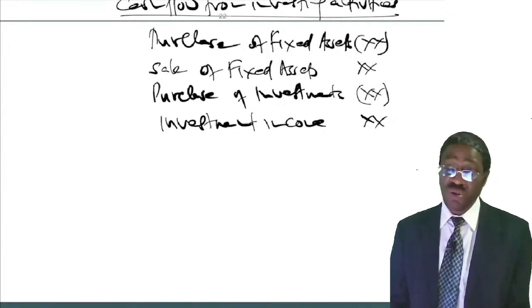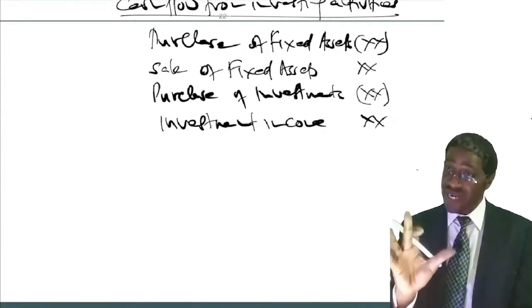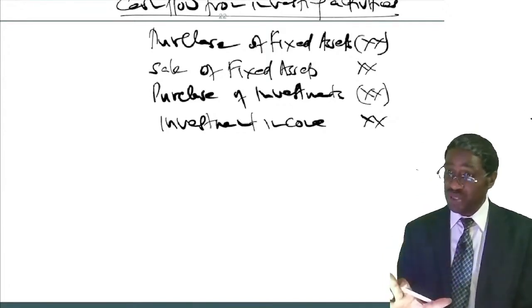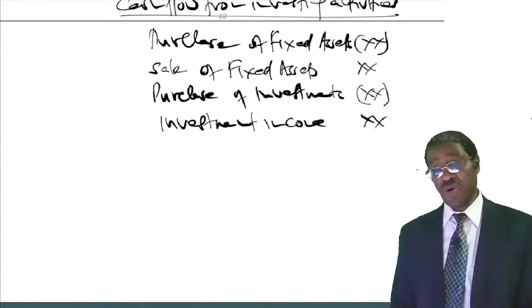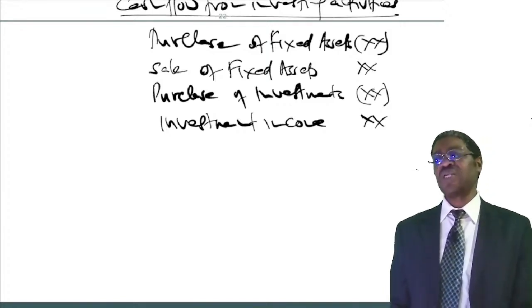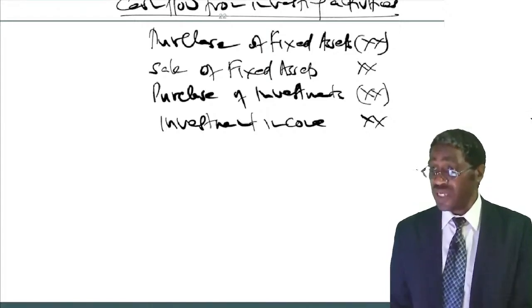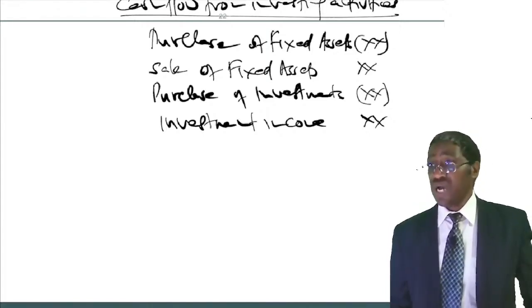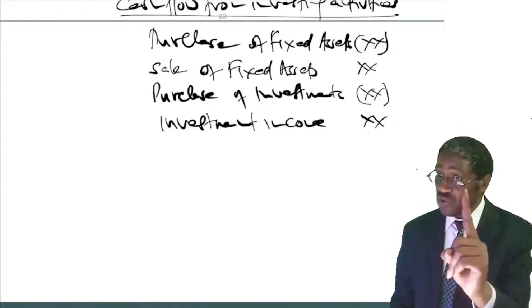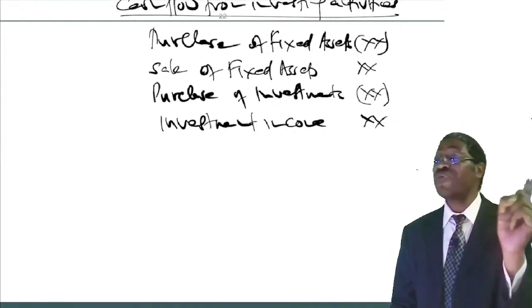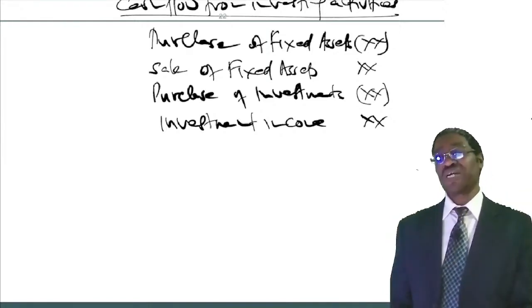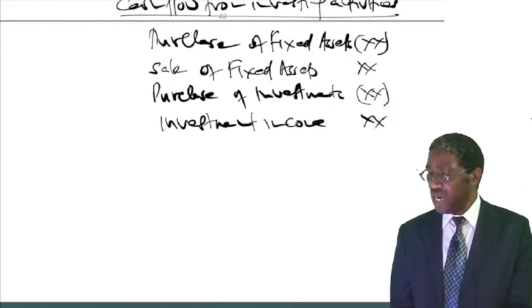Then I told her no, but I said I will explain later where it should be. This is where it belongs. Any investment income, we should be classifying it as an investing activity. Any purchase of fixed asset investment or even sale of investment should be classified as an investing activity.